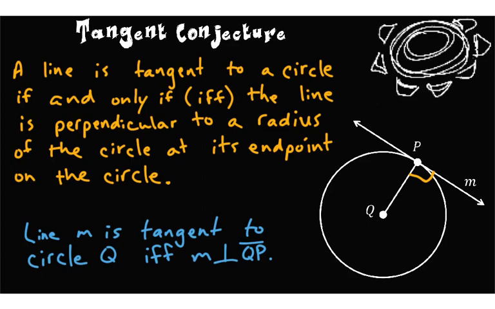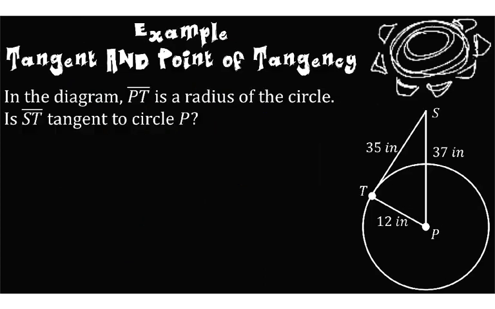All right, so let's look at an example. In this diagram, segment PT is a radius of the circle, which means that T here is on the circle. And the question is, is ST tangent to circle P?